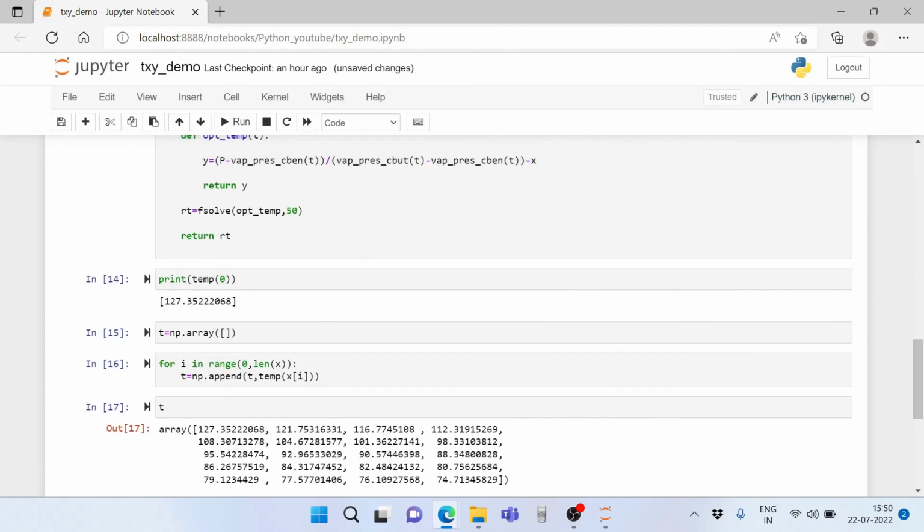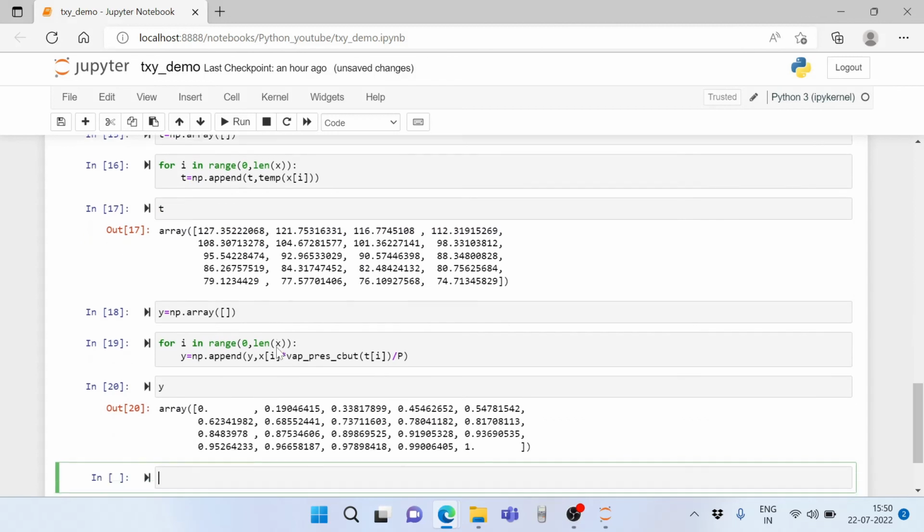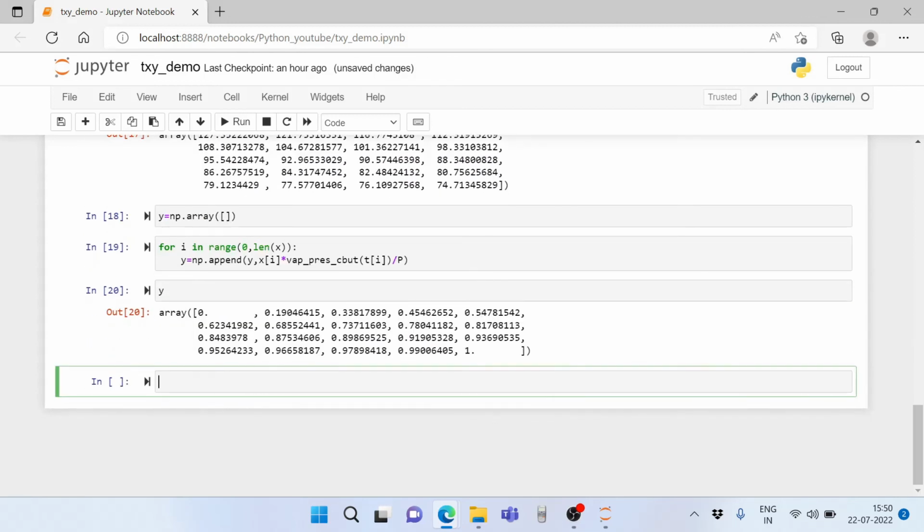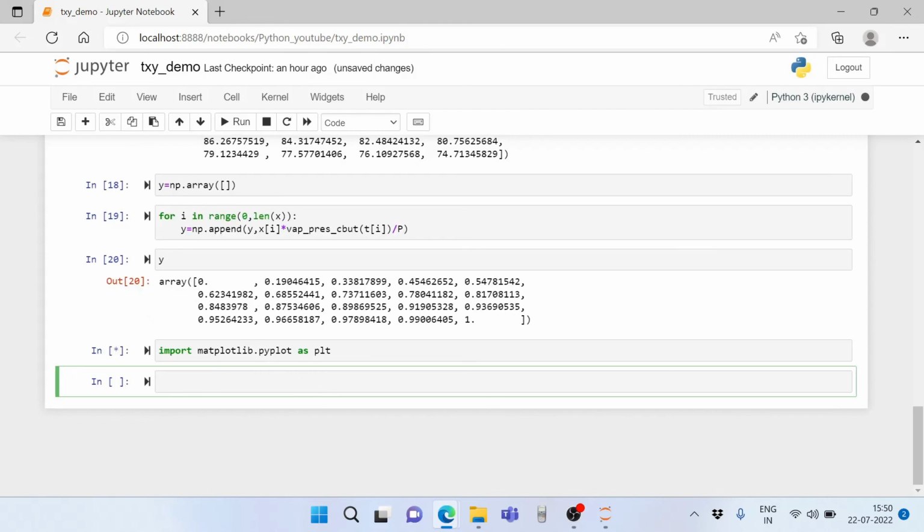Now the best way to find whether all this is right or wrong is to make a plot. So for that we import the libraries. So we write import matplotlib.pyplot as plt. So we have imported all the libraries. So let's first write the labels.